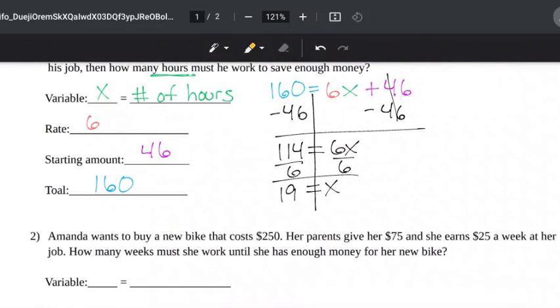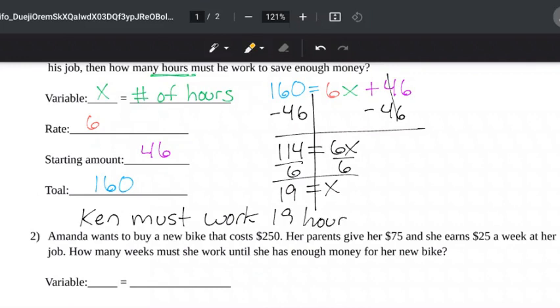How many hours must he work to save him enough money? So we say Ken must work 19 hours to have enough money. And that's our final answer.